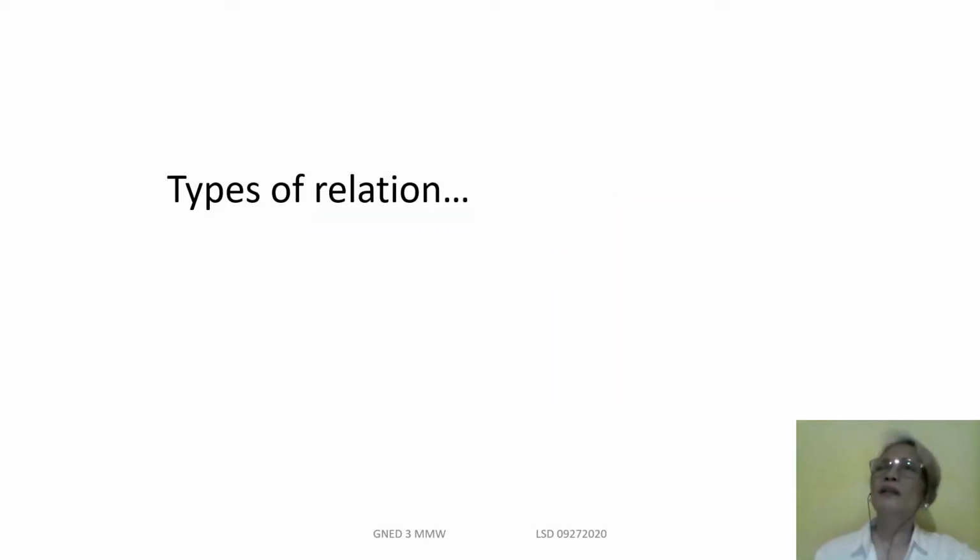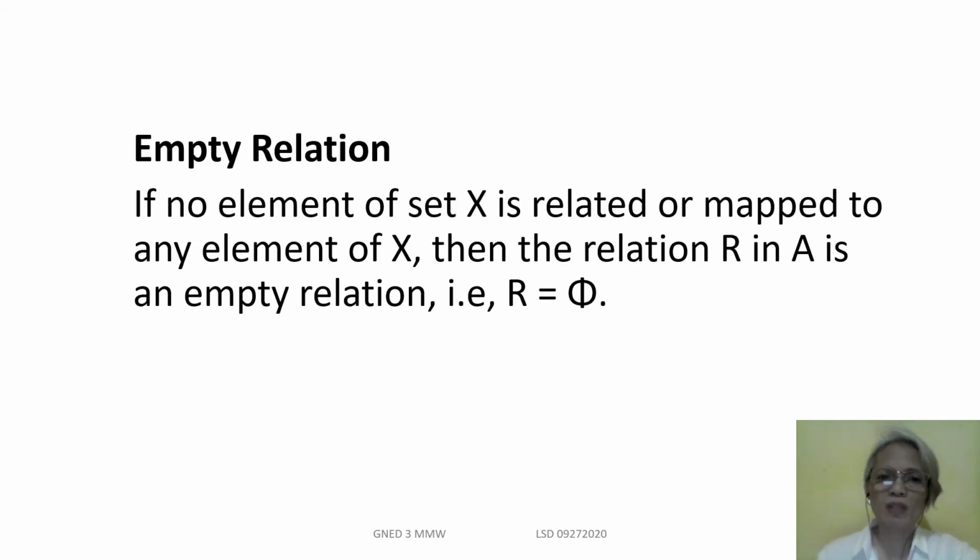So what are the types of relation? Again, a relation is a connection or a link between two non-empty sets. Though the sets must be non-empty, there is what we call an empty relation. If no element of a set X is related or mapped to any element of Y, then the relation R is an empty relation.